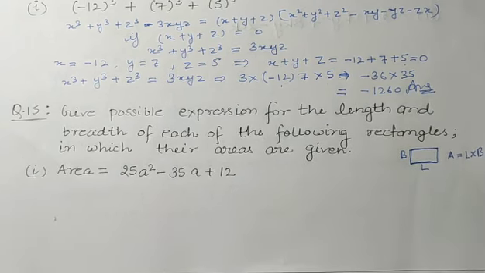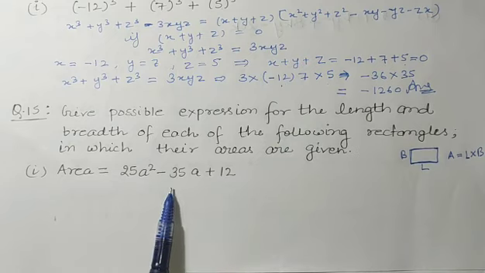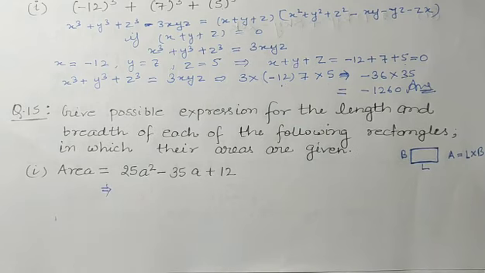So here one expression is there, and in this expression we have to find what would be its length or its breadth. So students, we will factorize it, so we can get the expression in the factor form, so that we can assume one as length and one as breadth.